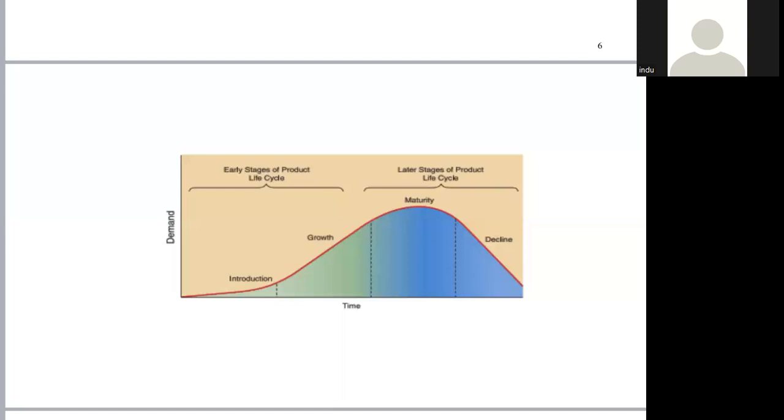But the last two stages of the life cycle can be referred to as the later stages, because in both maturity and decline stages, product and market are well defined.